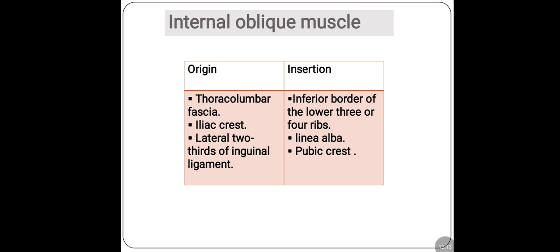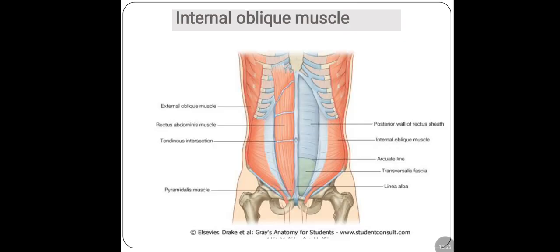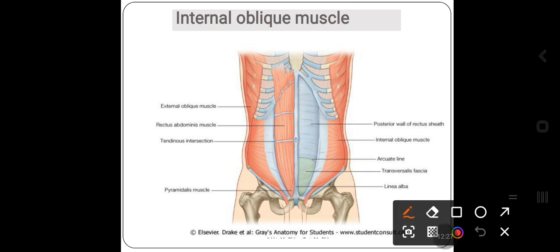That means ribs number 10, 11, 12, and also into linea alba and pubic crest. Here is the internal oblique muscle. Originates inferiorly from the inguinal ligament, from the iliac crest, from lumbar fascia, and inserted into the last rib, into linea alba. Okay?